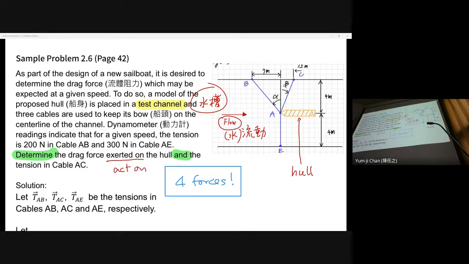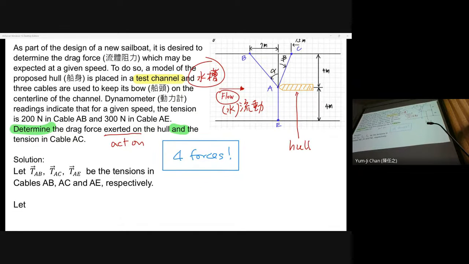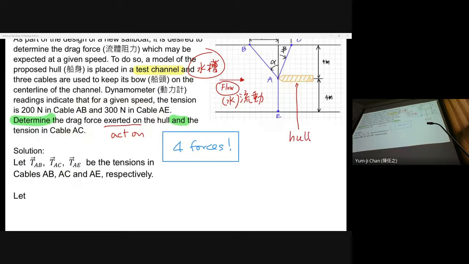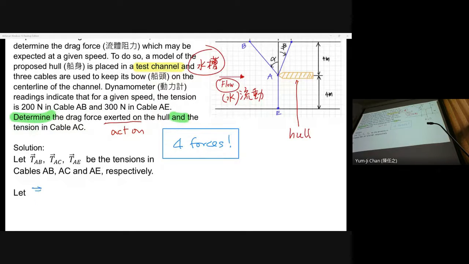It's okay. So then we let the cables be TAB, TAC, and TAE, and then, because the question asks for the drag force, we let FD be the drag force. Okay.